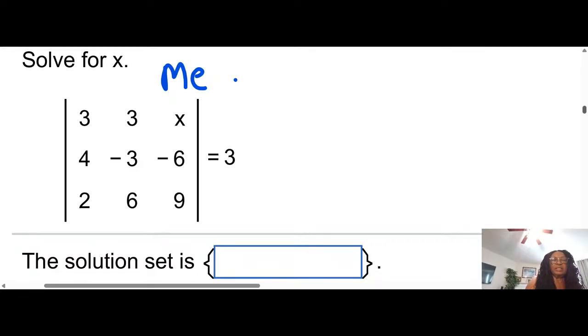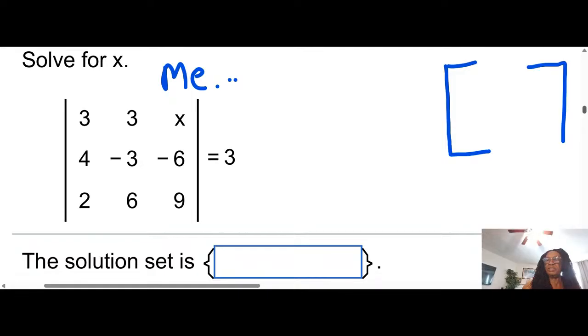The first thing I want to do is create the matrix of signs. Create a 3 by 3 matrix of signs.